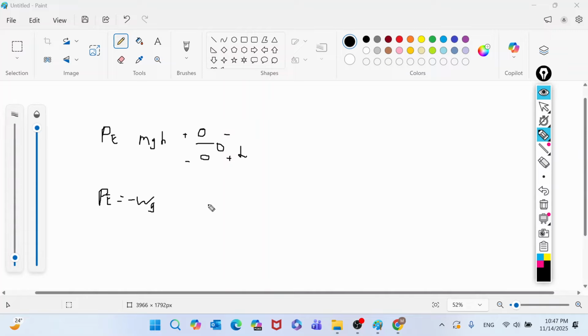But here they're the opposite. Okay? Now, this, we need it. Why do we need the potential energy? For mechanical energy. Mechanical energy, guys, is equal to kinetic energy plus potential energy.